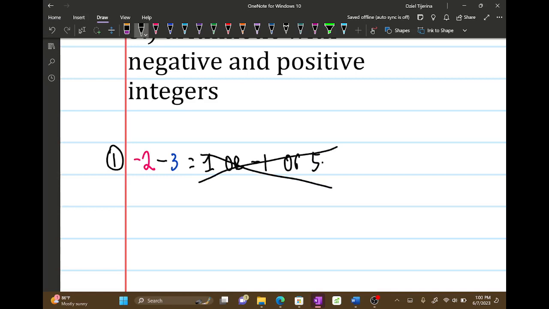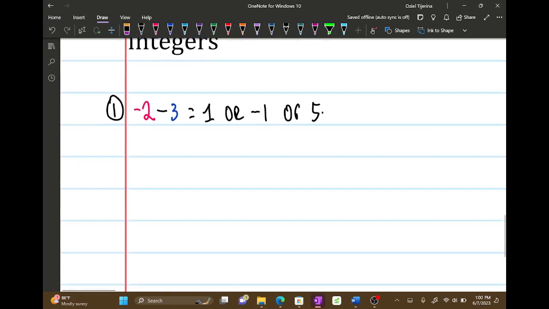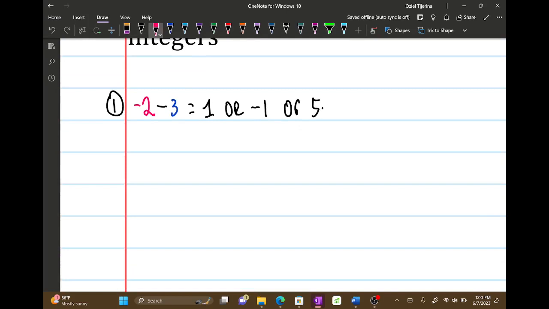None of these are the answer to this, okay? The idea is that when we have negative a minus b, I've learned a certain rule called keep it. Hold on, let's do keep, change it, and then opposite.